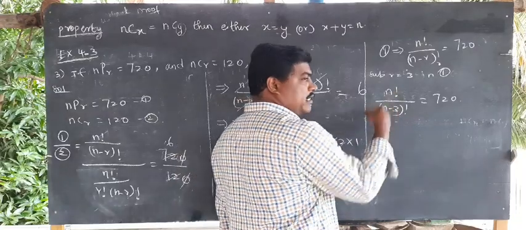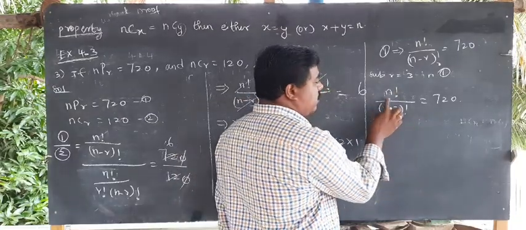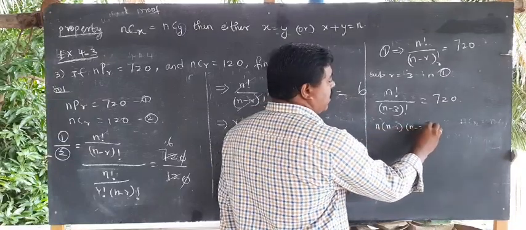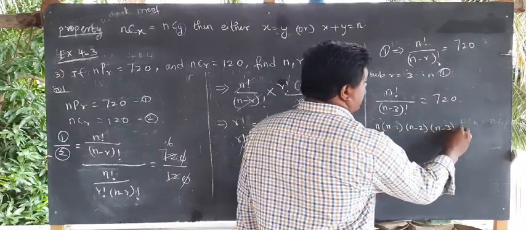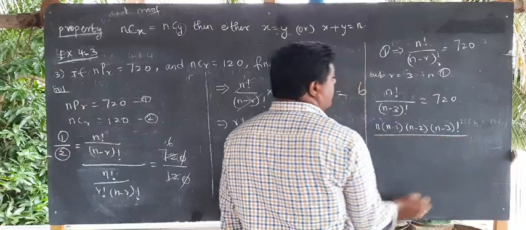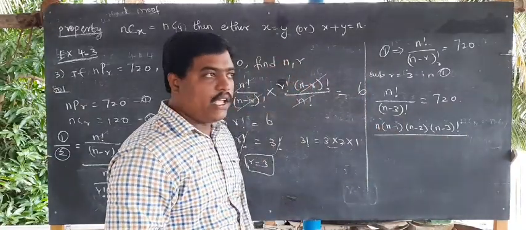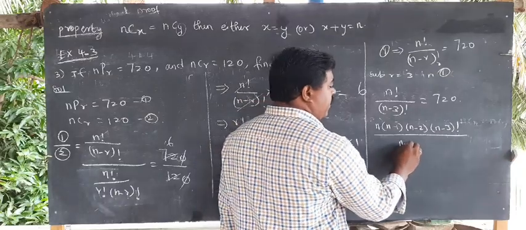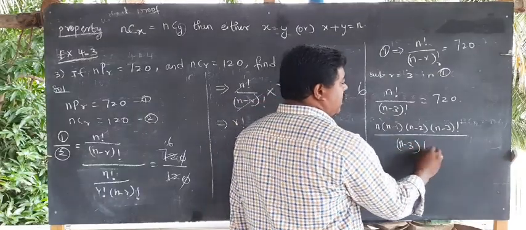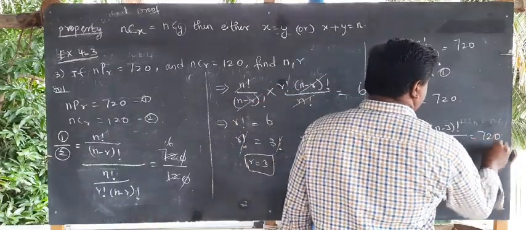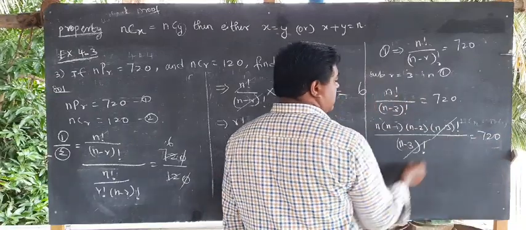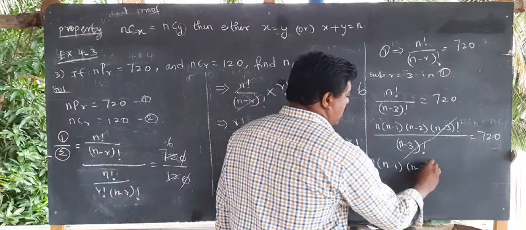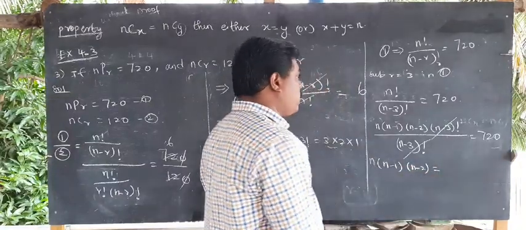We want to cancel, we need to find n. So this n I write as n into (n minus 1), (n minus 2), (n minus 3) factorial, because in the denominator we are having (n minus 3) factorial only. So up to (n minus 3) factorial written, (n minus 3) factorial this is equal to 720. This will be cancelled, therefore n into (n minus 1) into (n minus 2) equals 720.